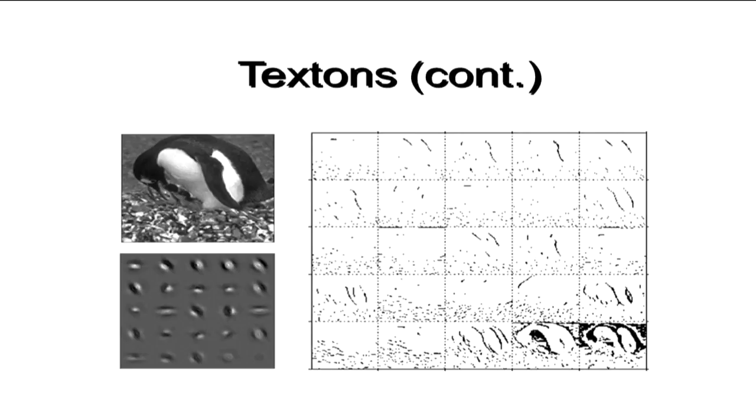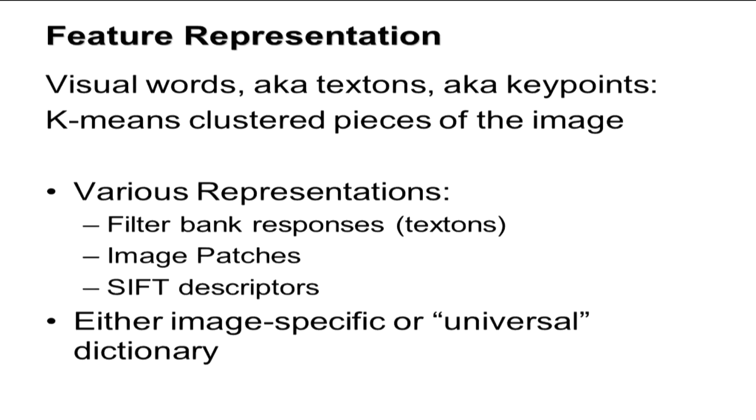Okay? Here is a different image, and you can see a different clustering here. And the representations here are also called textons, visual words, key points. They're k-means clusters, pieces of the image.